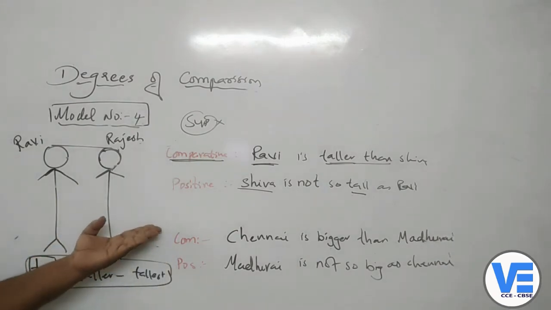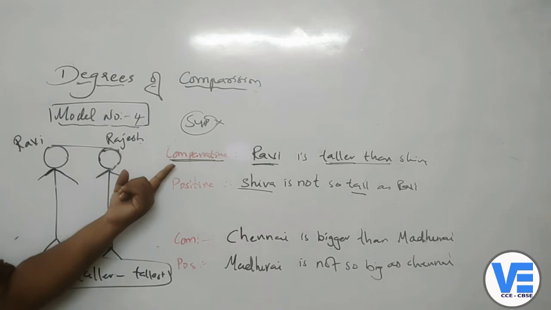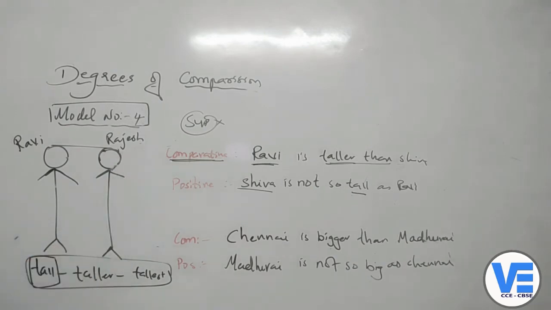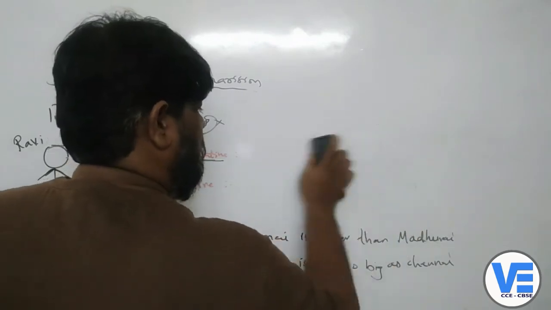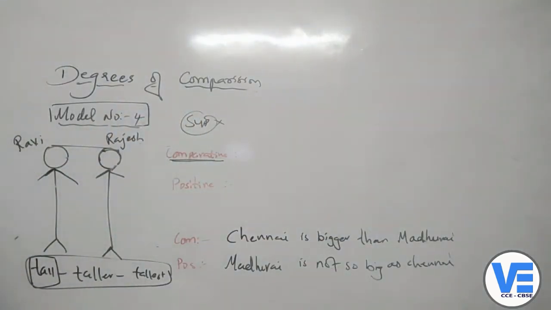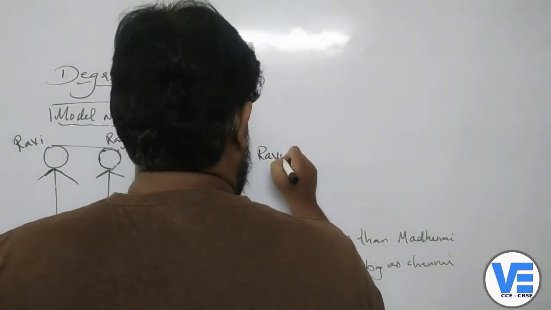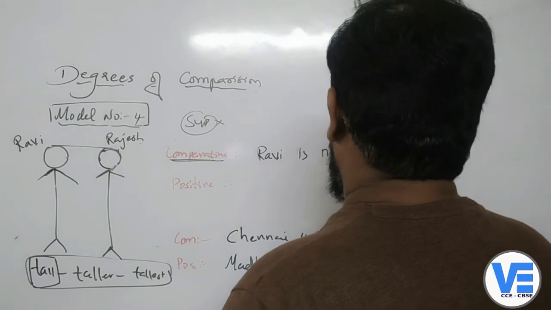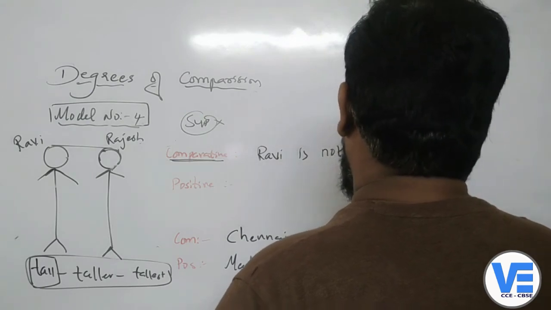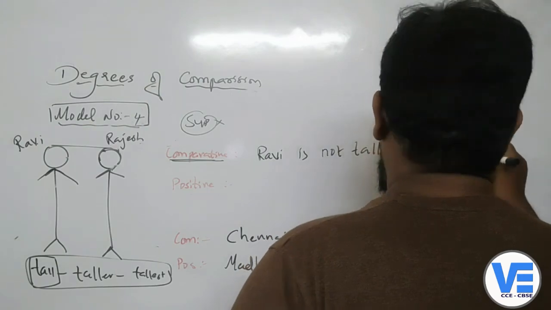Can you write superlative here? No. Why can't you write the superlative here? Because you are only comparing two people here. So that's why you cannot write any superlative here. So what I will do here is, you can write here Ravi is not taller than Rajesh.